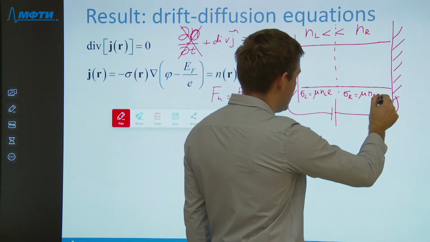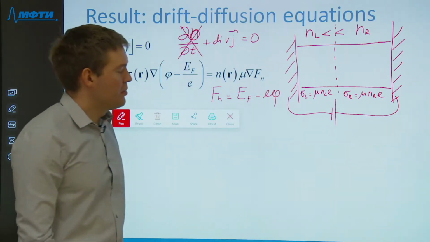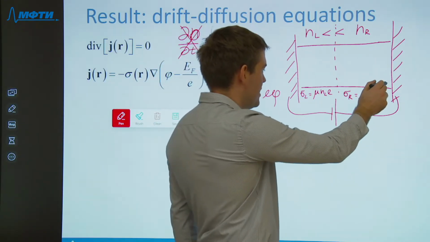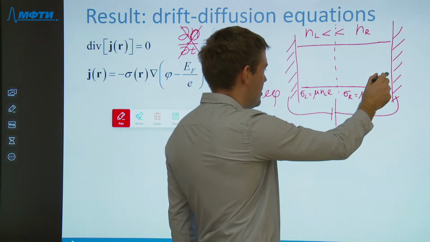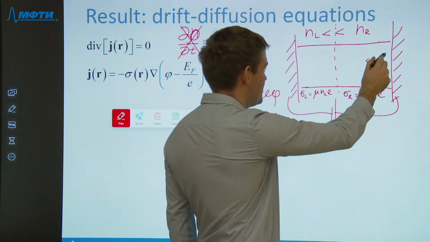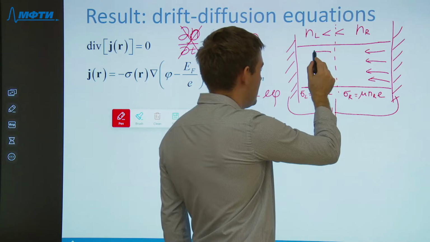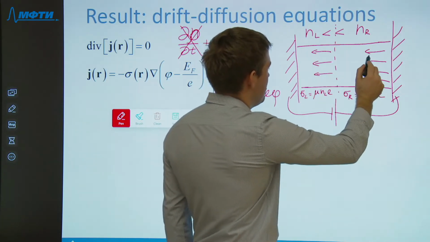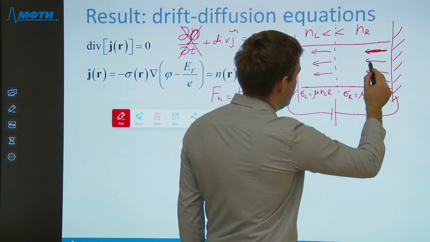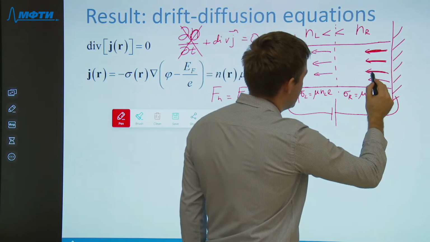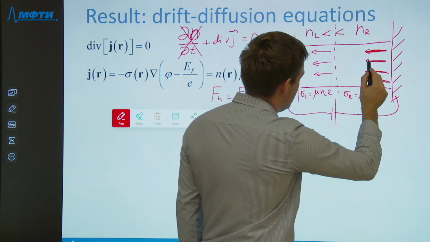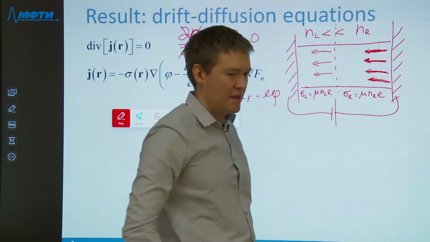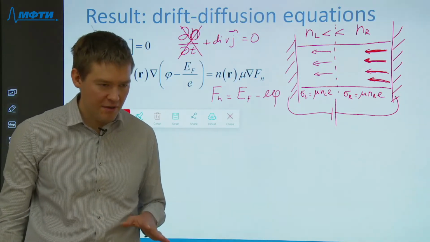Then when we switch on the voltage source, the current will flow from the positive pole to the negative pole. And here in the right, we should have very strong current because we have very strong conductivity. And on the left, we would have weaker current because we have weaker conductivity.